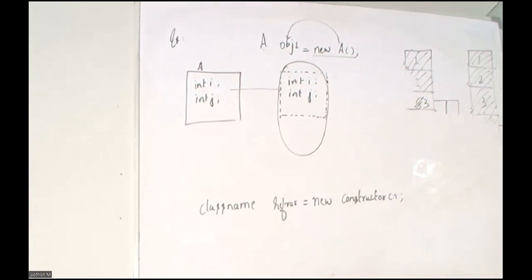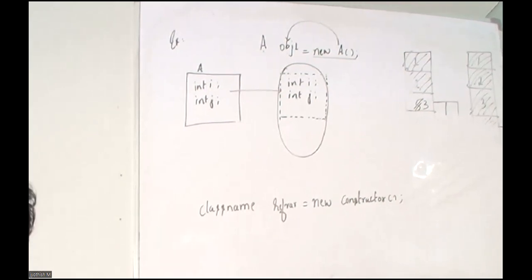So this is a static variable and this is a non-static variable. If you are not writing any keyword like static, it is by default a non-static variable.